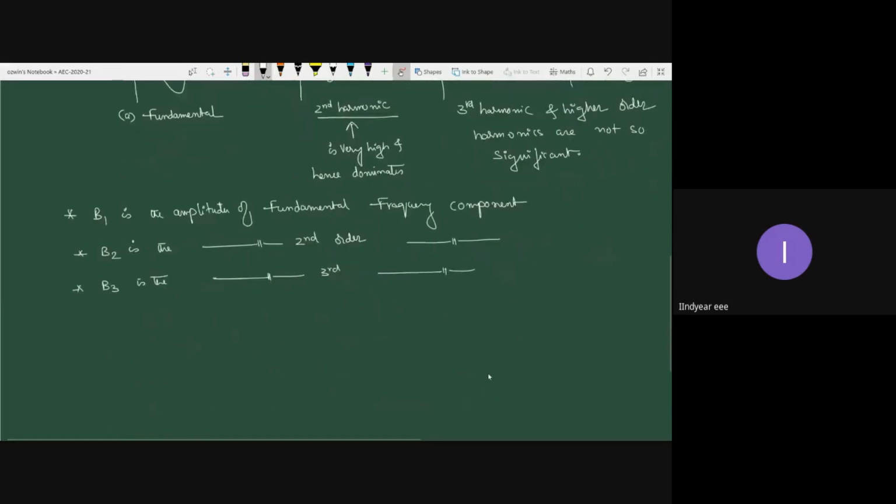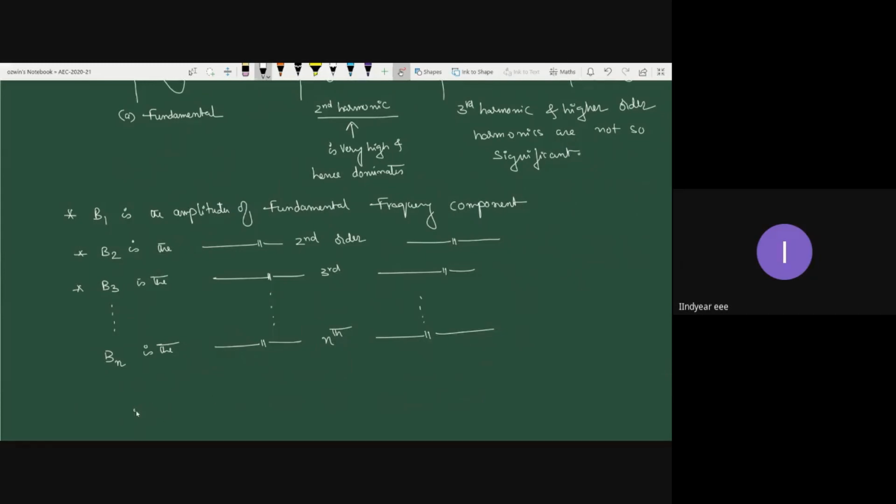Likewise, you can go on. In the end, let us define that Bn is the amplitude of the nth order component.